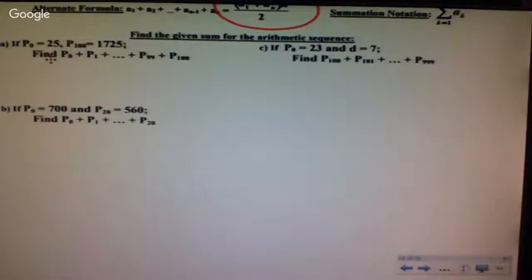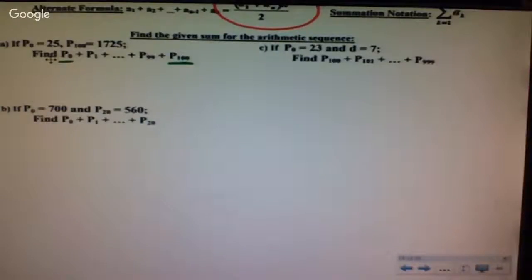If you look, they tell me P sub 0 is 25 and P sub 100 is 1,725. They want us to find the sum that goes from P sub 0 up to P sub 100. They want to know the total of all those numbers that fall in between.